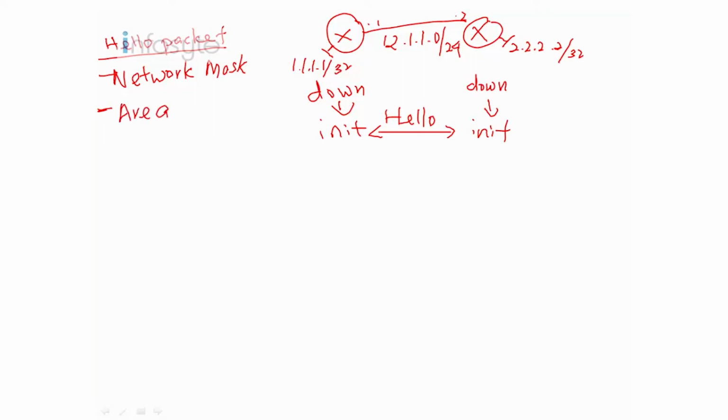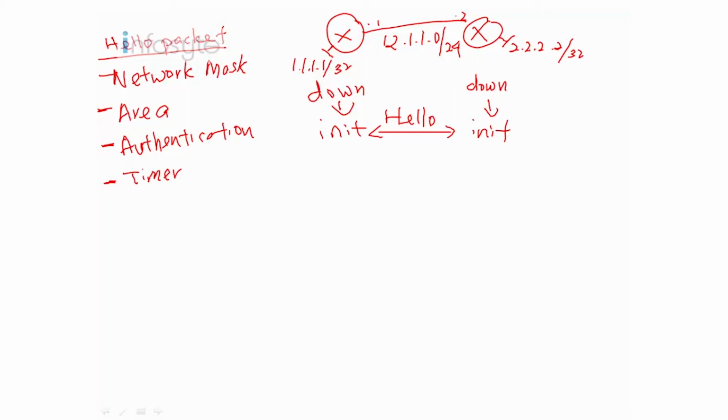They must match the area number, and they need to know whether you perform any authentication. If one end is configured with authentication and the other end is not, they will not be able to form the peering. And also the timers need to match as well.